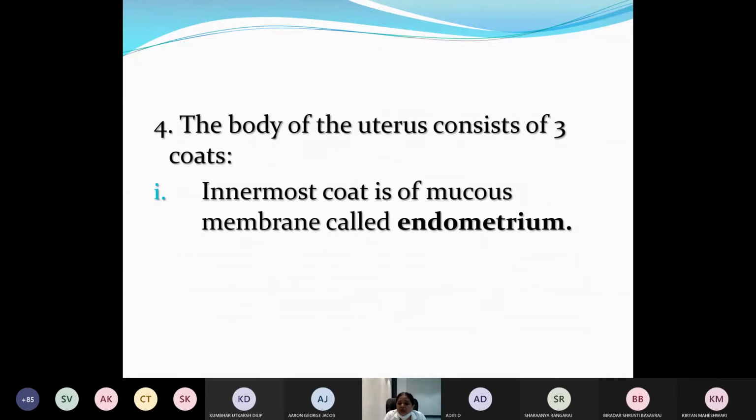The body of the uterus consists of 3 coats. Innermost coat is mucous membrane called endometrium.